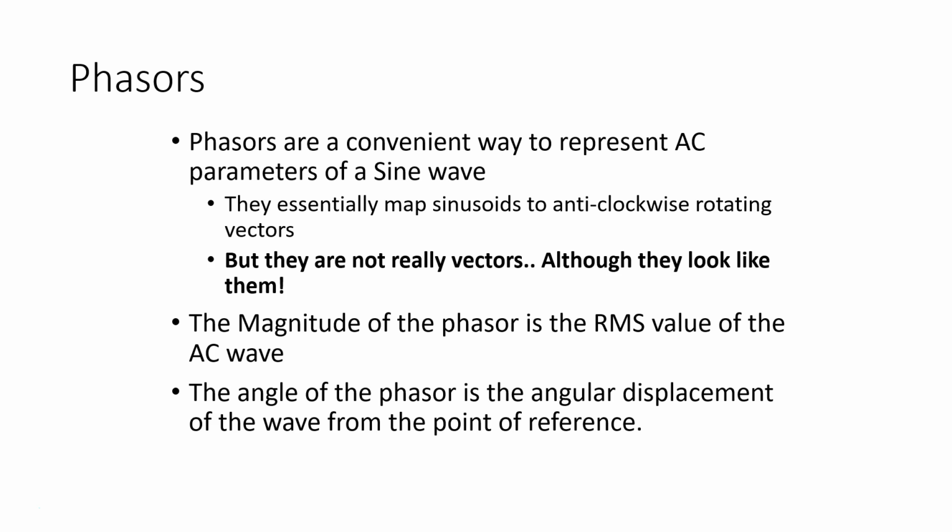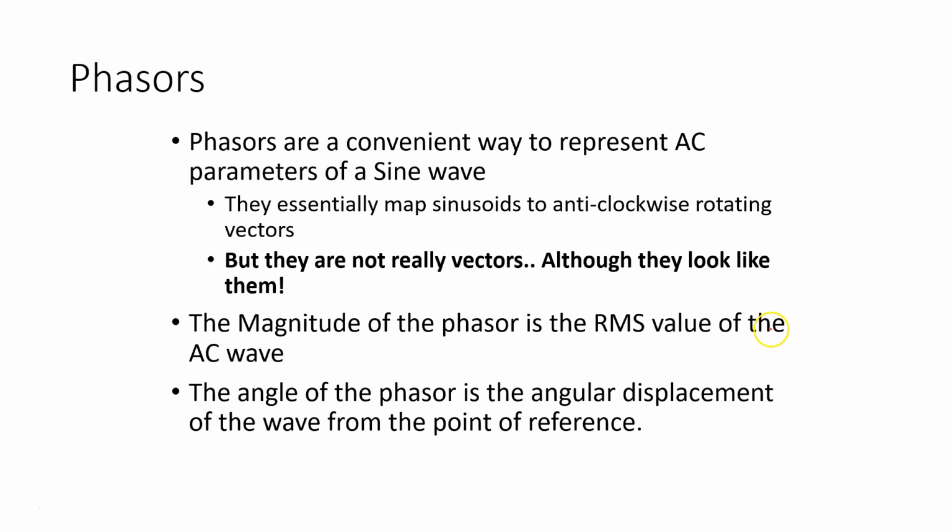Just to recap, this was a slide from the last video. Phasors are a convenient way to represent AC parameters, and they are essentially anti-clockwise rotating vectors. Well, they look like them, but they're not really vectors.